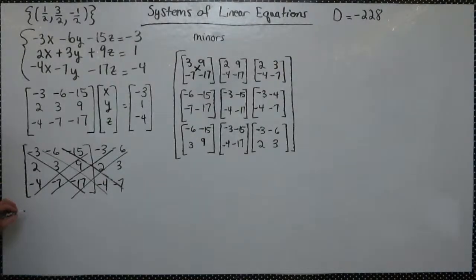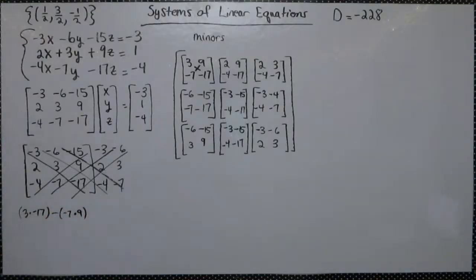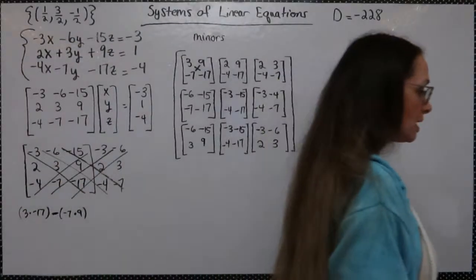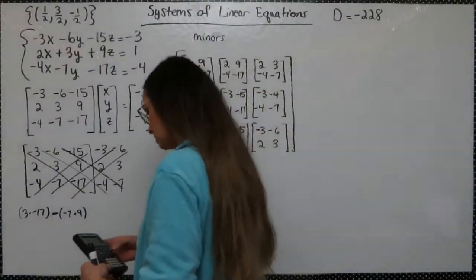So for that first one, I have 3 times -17 minus -7 times 9. And again, I'm using these parentheses to keep track of my order of operations. It just helps everything stay organized, and you're taking care of your brain, because brains, they're funny.